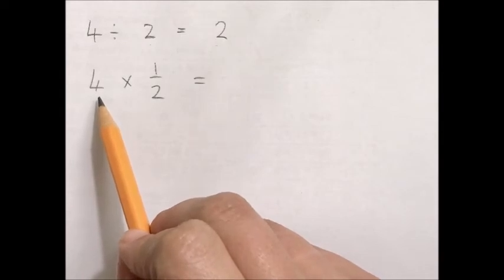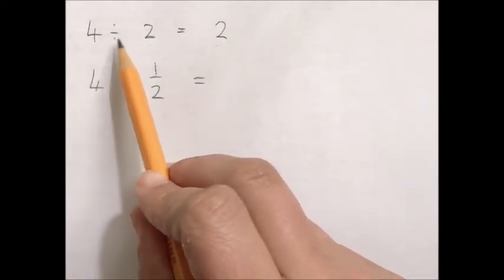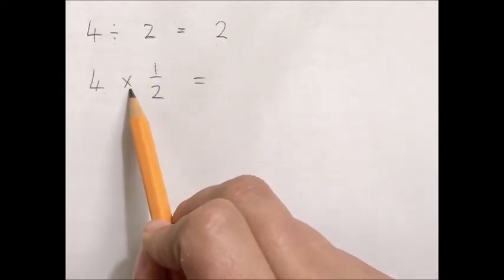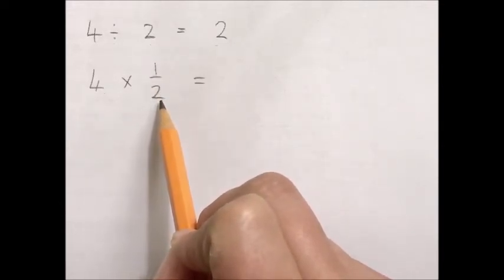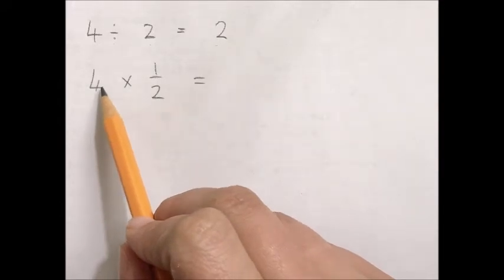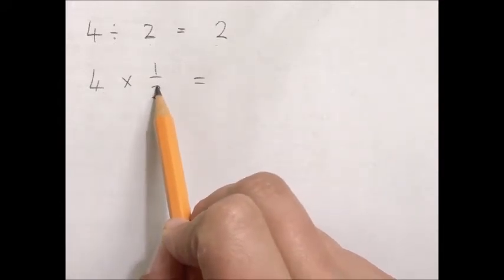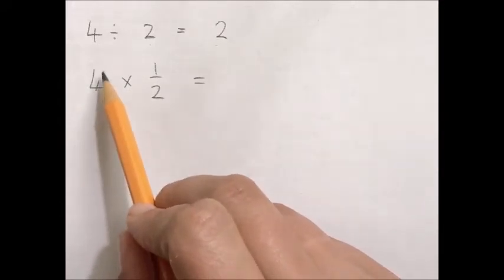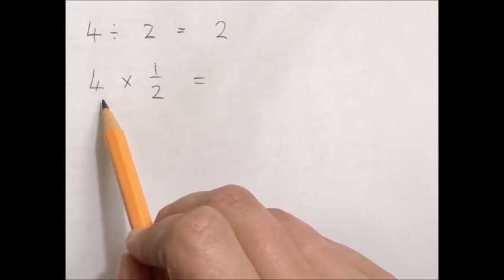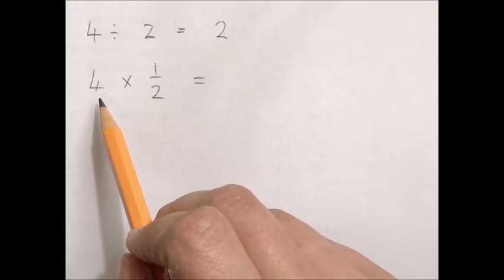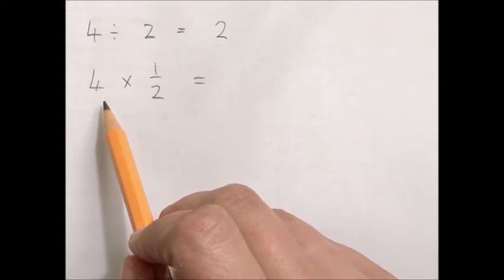Now, they also said rather than dividing by 2, we can multiply with a half. How is that possible? Well, remember, if you want to multiply a fraction with a whole number, we need to change the whole number into a fraction as well. Yes, remember the methods that we did with the of sums.